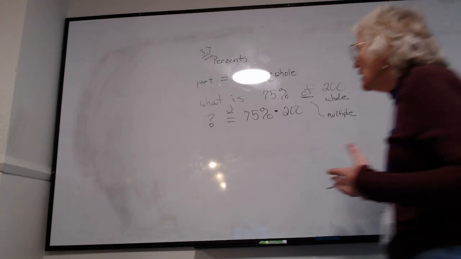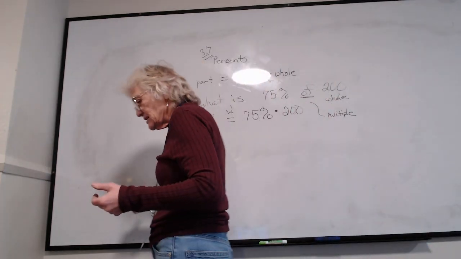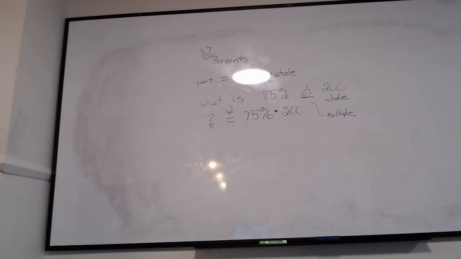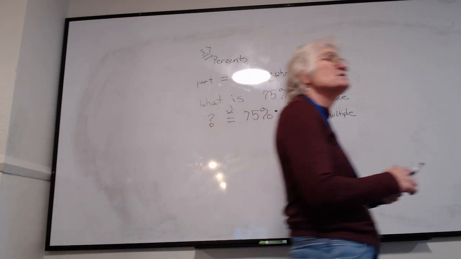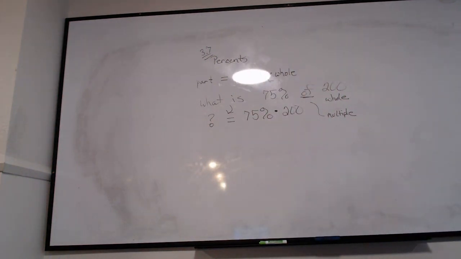How do I change it so I can actually do the math here? What kind of form do I have to have the percent in? Right now I have 75% times 200.